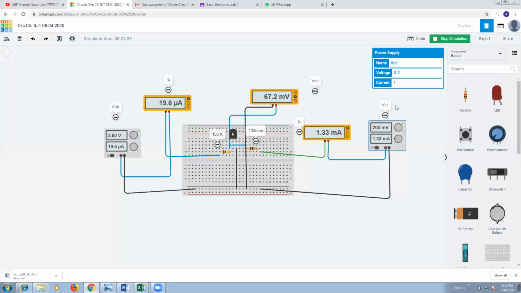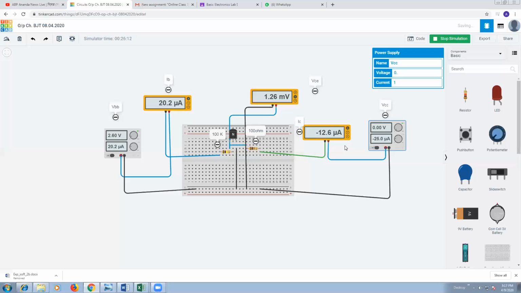Then we keep VCC at 0.4, and we see the corresponding VCE is 99.5 millivolt and IC is 3.01 milliampere. Similarly for VCC 0.6, VCE is 135 millivolt and the corresponding IC is 4.65 milliampere.